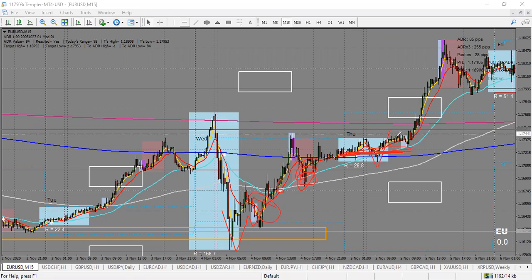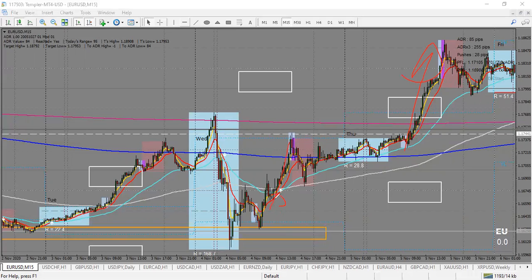This bounce around the blueberry wasn't an entry to take because of the timing, because of the Asian range. And on Thursday we had a 50-50 bounce trade here for a buy.